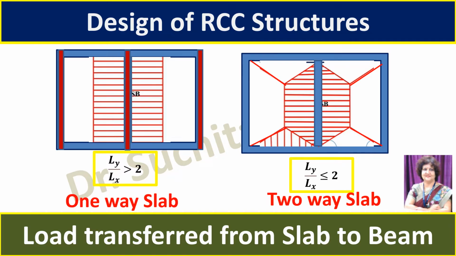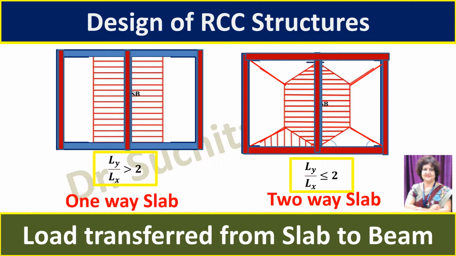Whereas, if we want two-way action in the slab, then we must have the beams on all the four sides of the slab. Then only it can act as two-way slab. So if it is a one-way slab, it will transfer the uniformly distributed load to the beam, whereas if it is two-way slab, then it will transfer the load in the form of triangular and trapezoidal fashion.